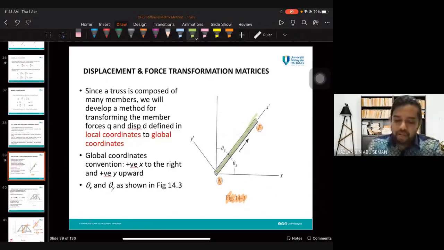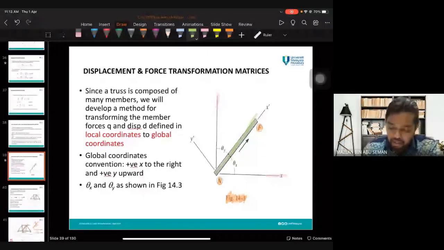You have X and Y global direction. You know this is X, this is Y direction. This is your member. If your member is tilted at any angle, you're going to have theta Y, theta X. This is theta Y, theta Y from Y-axis, theta X from X-axis.